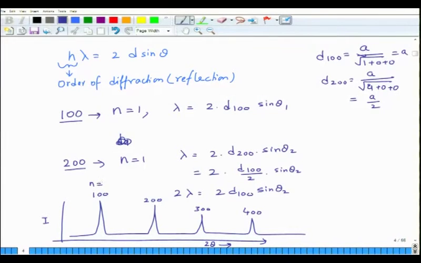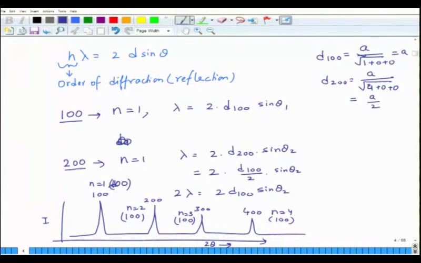So, this n, which is called as order of reflection, is meaningful in this manner. So, this is nothing but n is equal to 1 for 100, this is n is equal to 2 for 100, this is n is equal to 3 for 100 reflection, okay, and this is n is equal to 4 for 100 reflection.